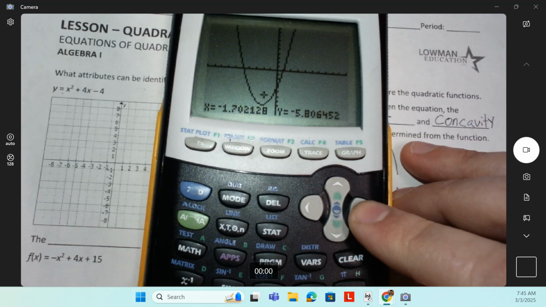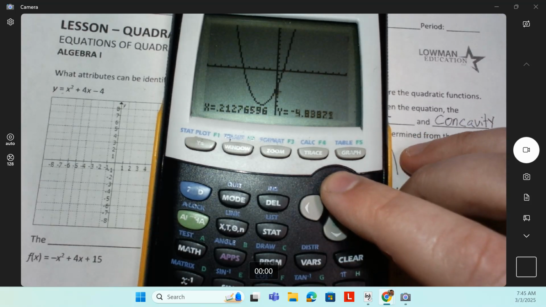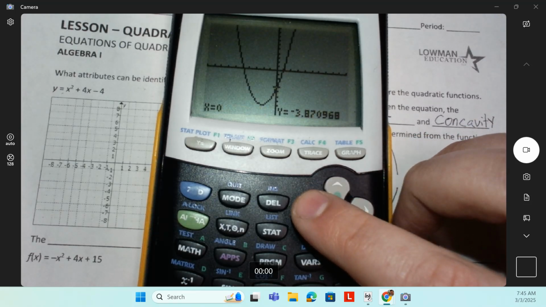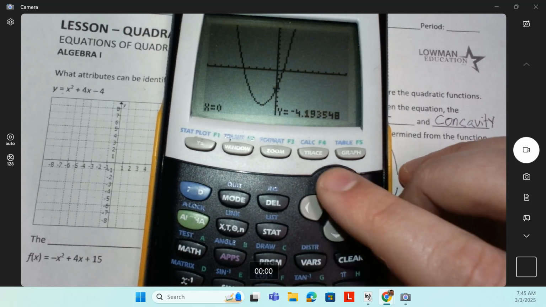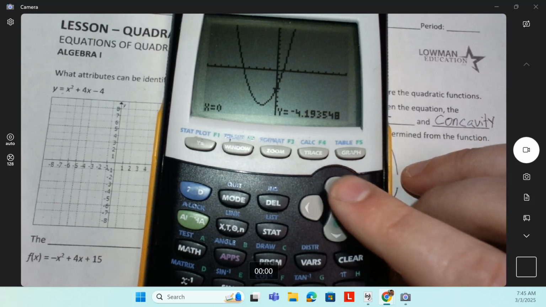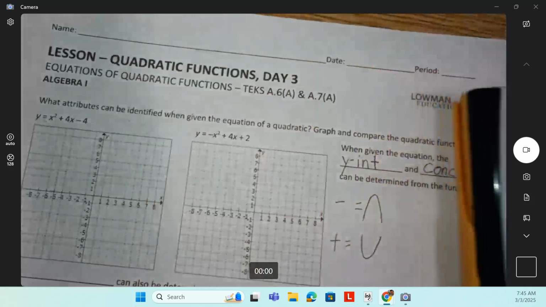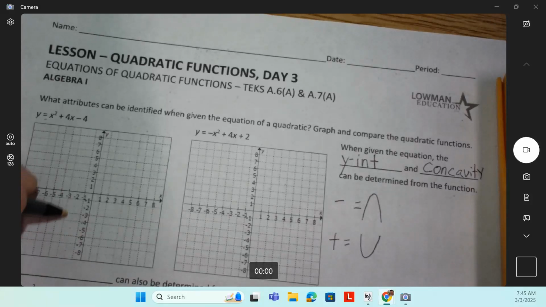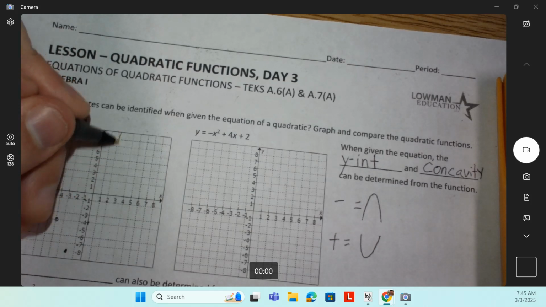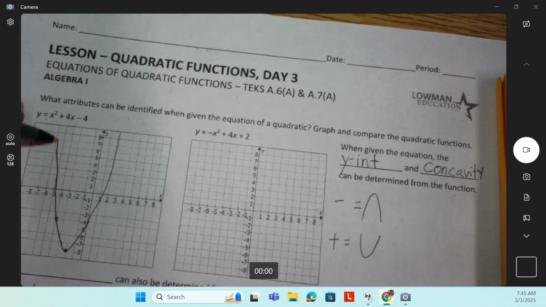And this won't give you an exact, and we already know the y-intercept is 0, negative 4. So I can use those kind of as my guide and get a little bit of an idea of what that looks like.